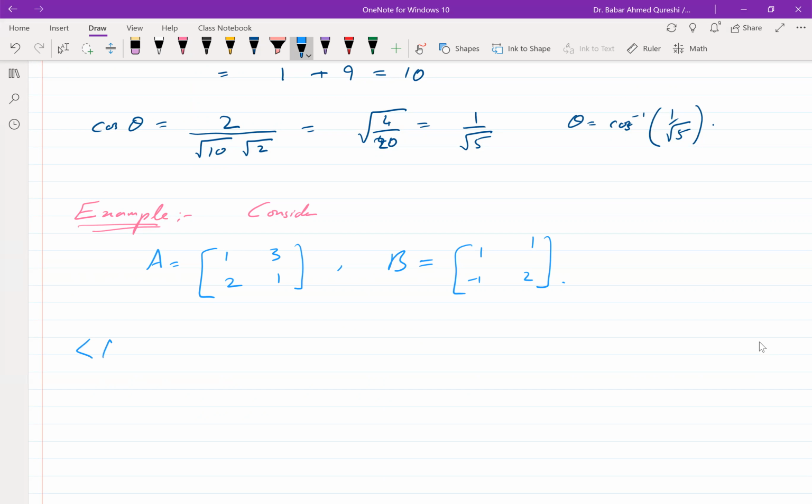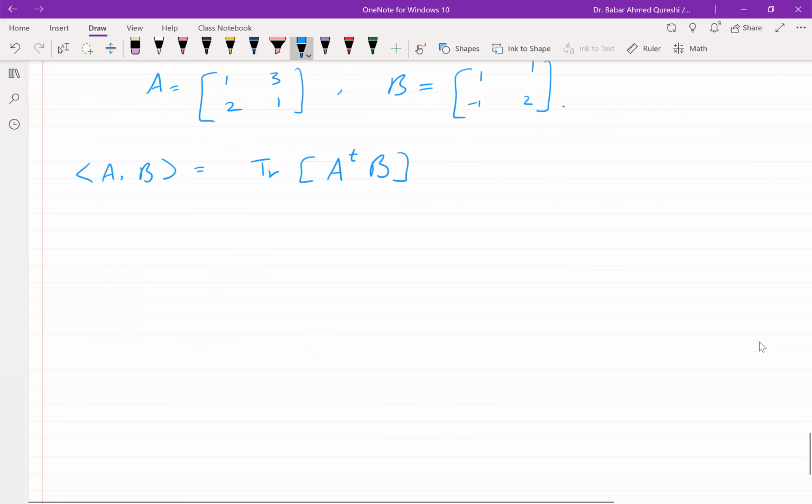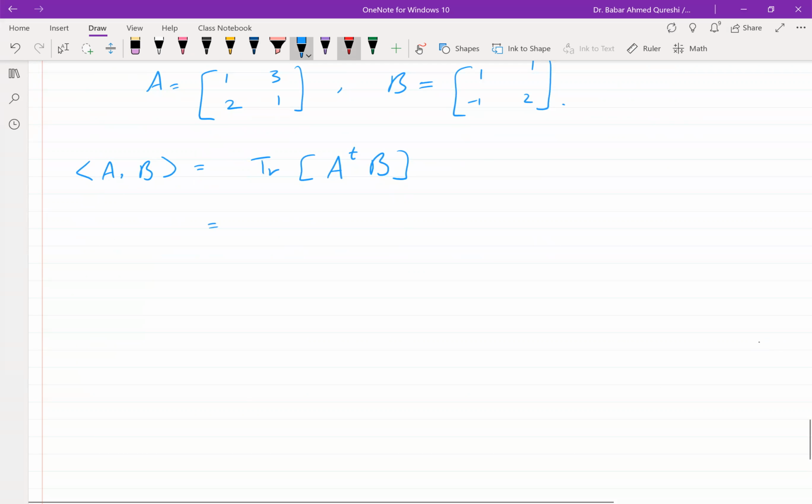We had defined the scalar product as this object. So first I have to make a product.